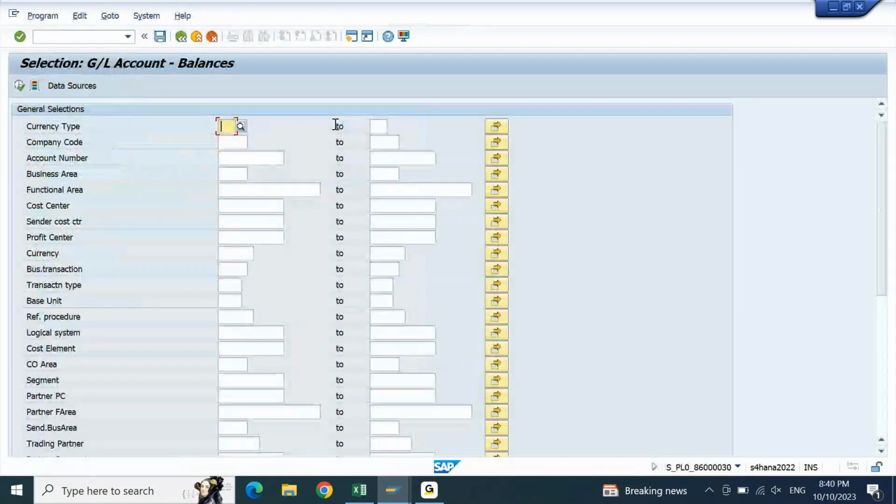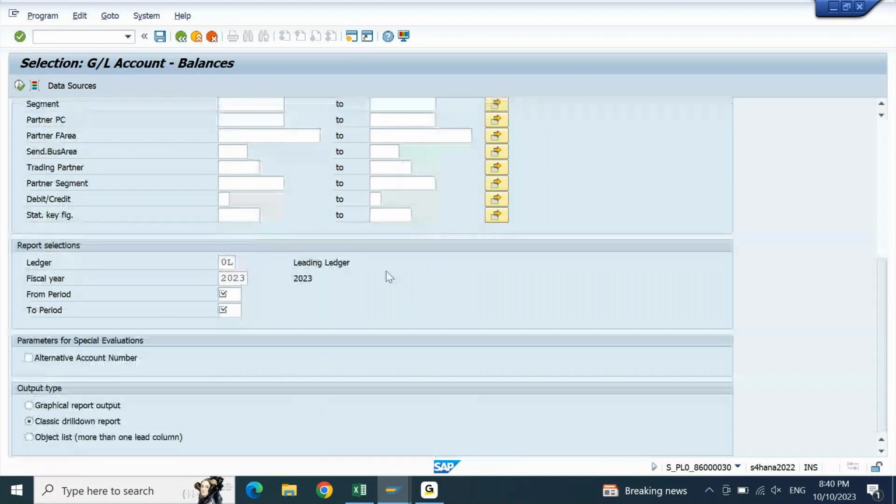If I go to trial balance, for example, your trial balance at the bottom will have the option called leading or non-leading ledger. If you want the trial balance of leading ledger, put leading ledger. If you want it for non-leading, put non-leading ledger. Accordingly, data will get extracted.